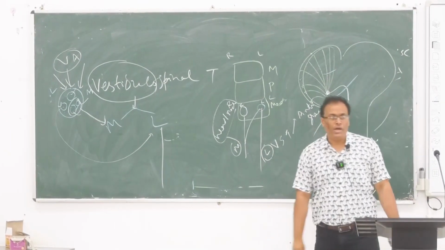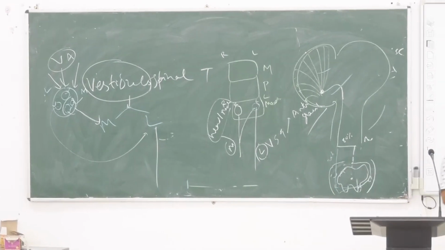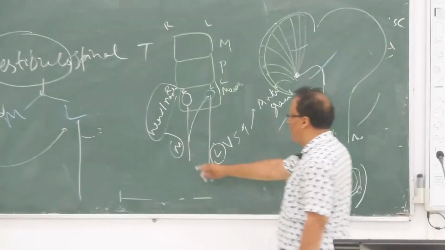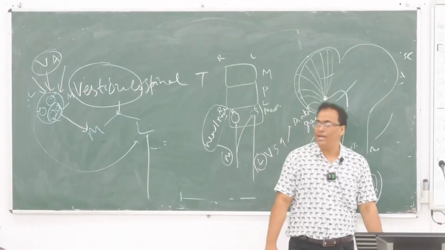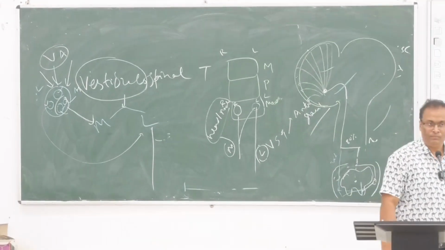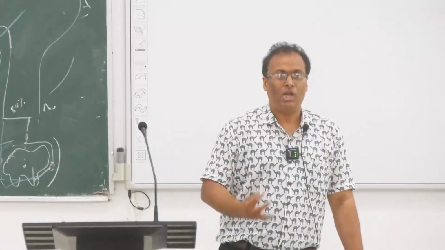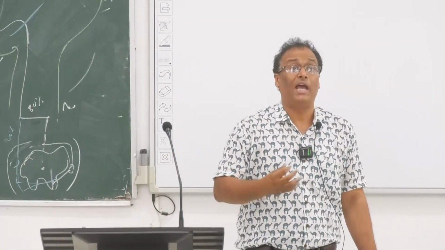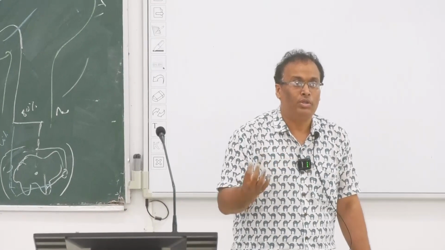So whenever you are asked in your exam how you balance or maintain posture, this medial and lateral part have a role. Medial এর কি করবে? Medial এর আমার head neck এর movements help করবে। Because the muscles of head neck are supplied by the medial, and that medial vestibulospinal has both connections.